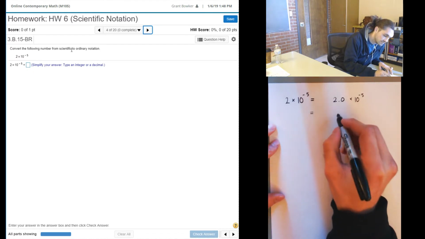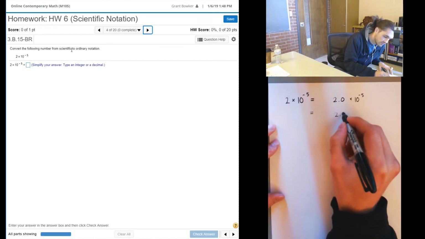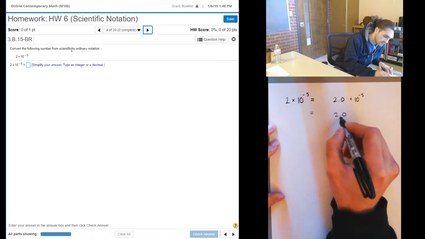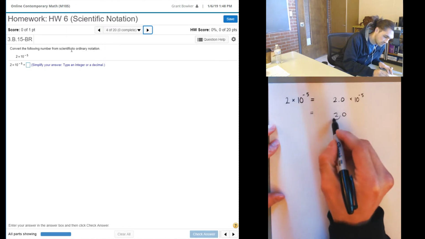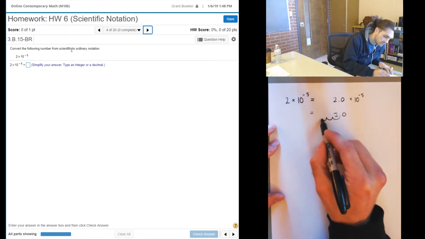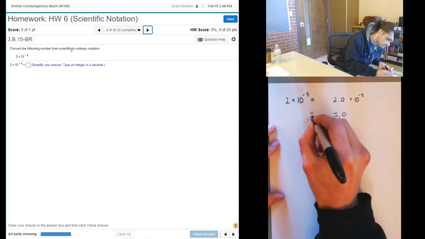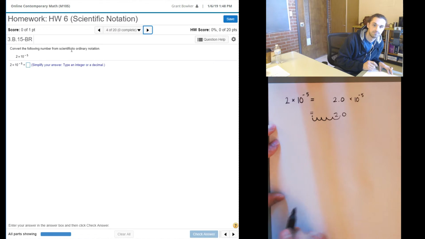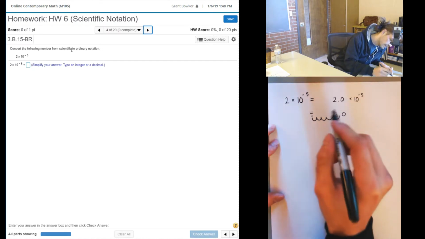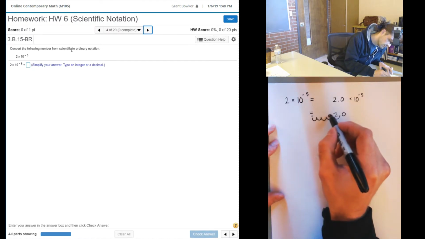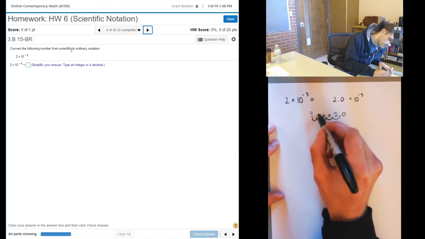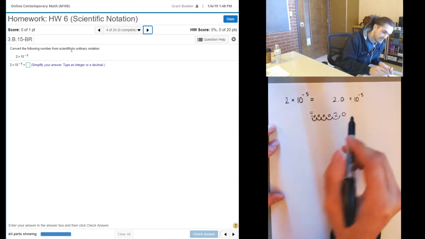So we're going to take 2.0 and we're going to move this decimal place 1, 2, 3, 4, 5 spots to the left. And all of these blank spaces we will fill with zeros.